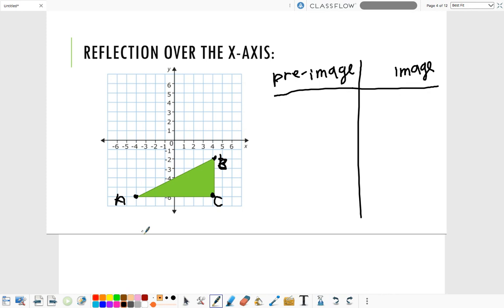So let's do a few examples of this idea of reflection over the different axes. Axes is what you say when you say axis plural. So two of these axes, we would say axes. All right, so our pre-image here, we have these three vertices since it's a triangle.